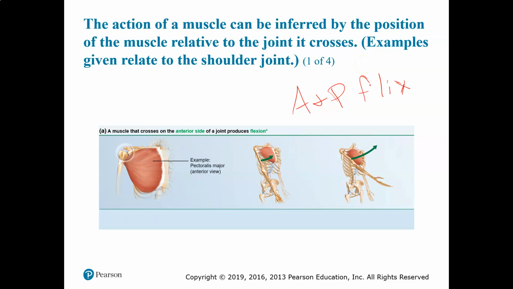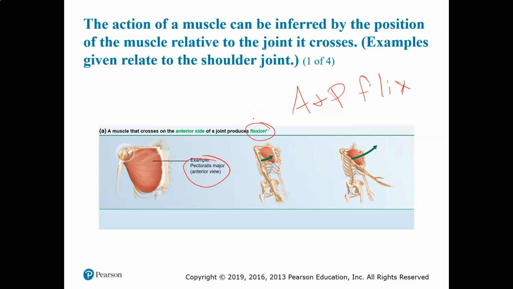Okay, what you're looking at here is the pectoralis major and the shoulder joint. The pectoralis major is crossing the anterior side of the shoulder joint, just like the biceps brachii cross the anterior side of the elbow joint. So if they cross the anterior side, most of the time they produce flexion.